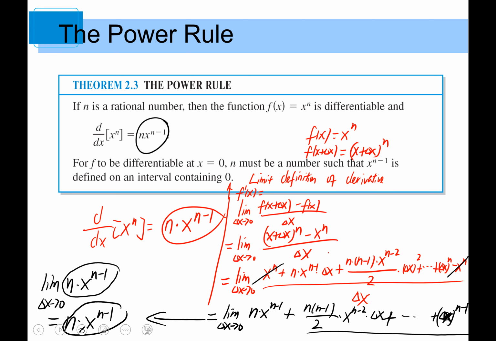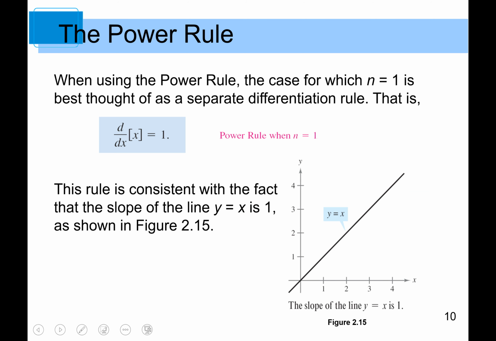Okay, so that's a proof of the power rule using the limit definition of the derivative. Now use the power rule for the case n equals 1, meaning the derivative of x is 1. We don't call this a proof, maybe just a confirmation. The exponent is 1, so basically put the exponent in front and reduce the exponent by 1.